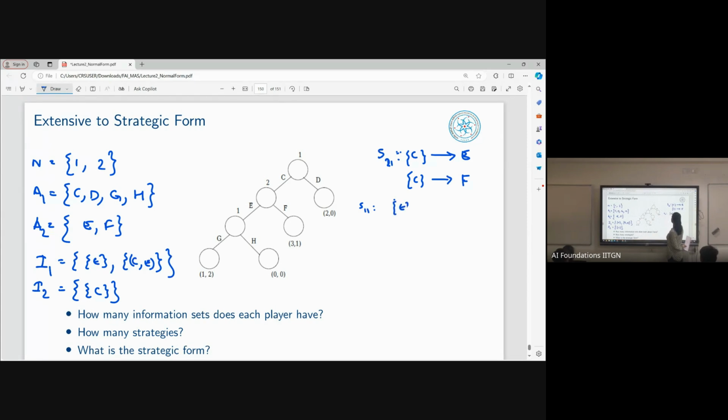At epsilon, it has to take a possible action, which is C or D. And one more thing is that at C and E, it has to take a possible action, G or H. Now at epsilon, it could take C, and here it could take E, and here it could take C. Here it could take G, D, and here it could take G. So 4 possible strategies.